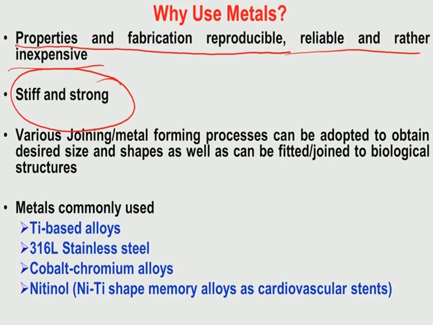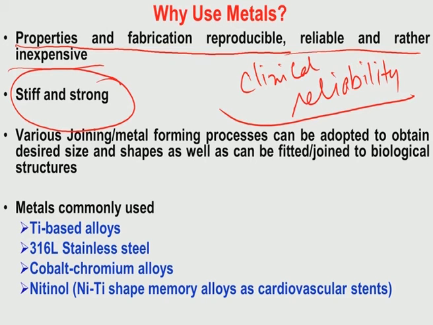The property will not vary from sample to sample, which is otherwise the case for ceramic materials. So, essentially clinical reliability is much higher for metallic based materials compared to other classes of materials.